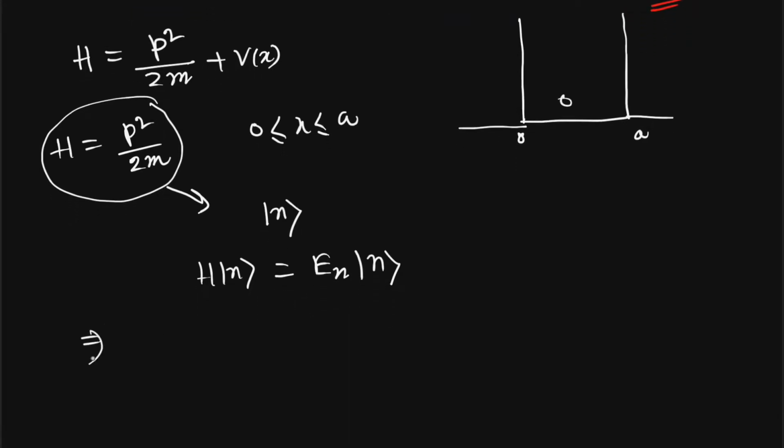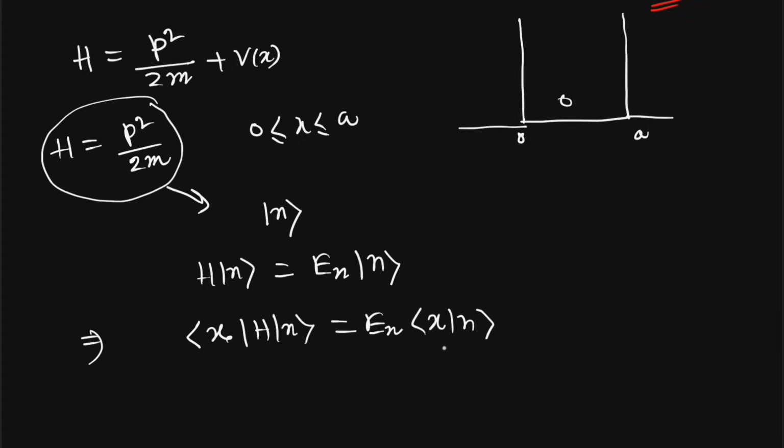Now let us see what the position representation of these states is. That will be ⟨x|H|n⟩ equal to En⟨x|n⟩.